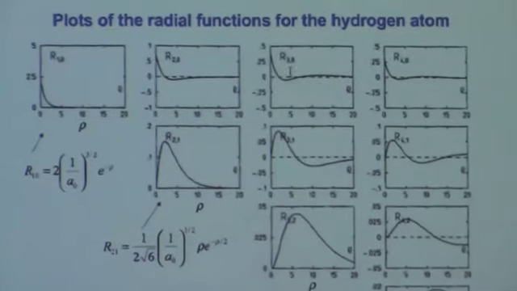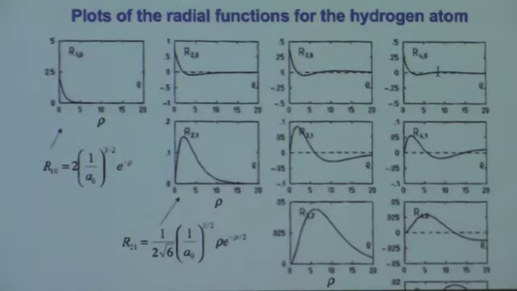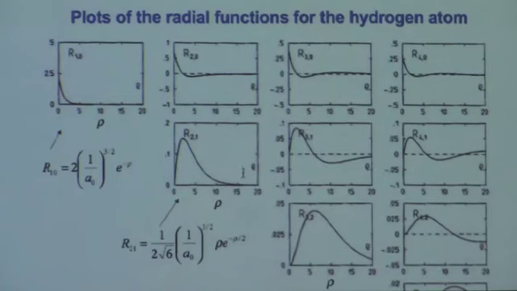And then 3s has 2 nodes, 4s has 3 nodes, and so on and so forth. The number of radial nodes is related to n as n minus 1. Here in the case of p orbitals, we start with a nodeless function, and then we get a node in 3p and so on.